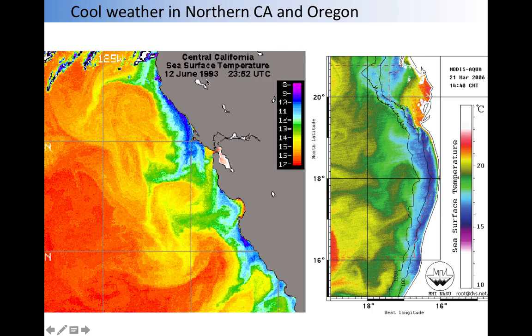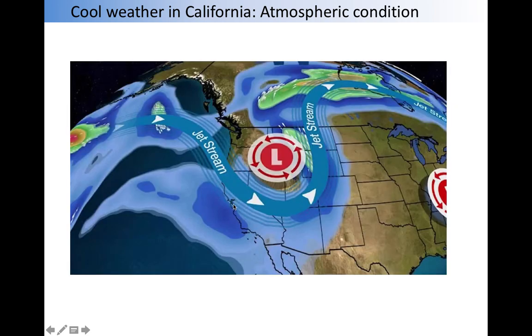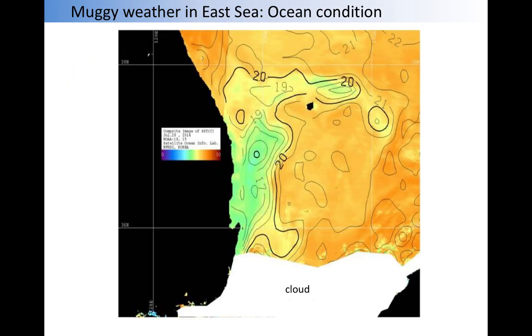Similar to that, the central northern California to Oregon coast has not only cold or cool water and atmospheric conditions from the polar region, dry and cold, but also nice features, and it requires steady wind, which is our case for upwelling. Compared to that, on the east coast of Korea, the wind comes from the southeast in the summertime.